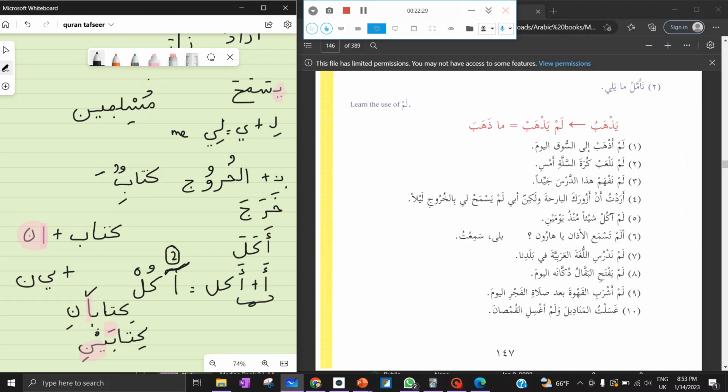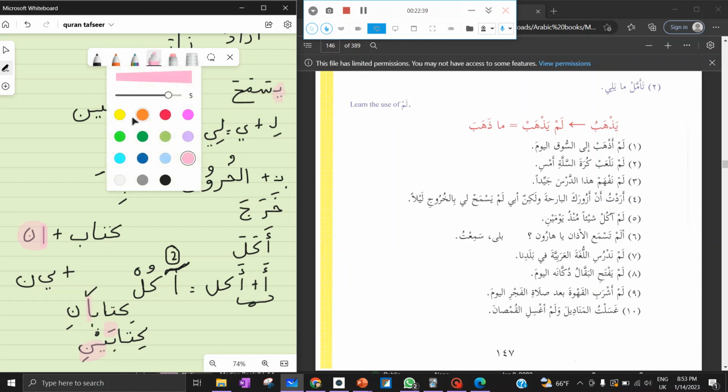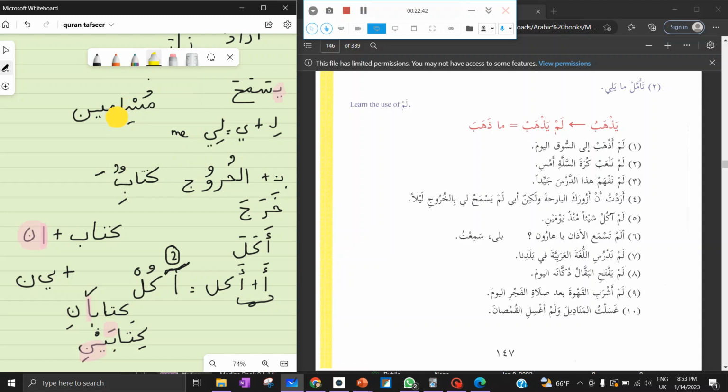The letter before ya has a kasra, and this is the long vowel because it is not carrying a haraka over it. So what you see here is the kasra before ya and the ya that doesn't have any haraka, and the noon. Noon is extra here, does not have any work. It sometimes gets deleted. But right now what we have to see is the ya. So in jama muzakkar salim, you see the ya long vowel and the kasra before it. This shows this is jama muzakkar salim.